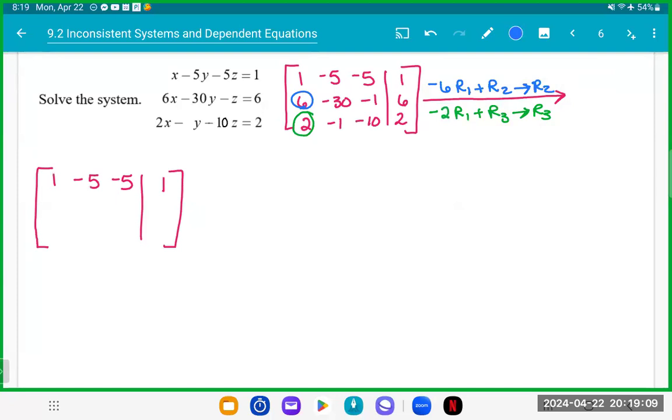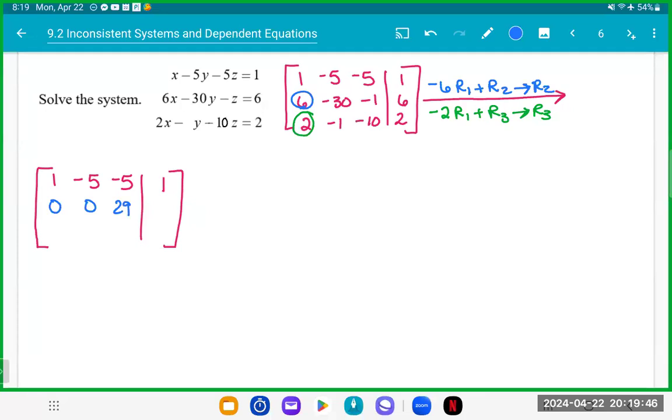So our second row then is -6 times 1 plus 6. That's a 0. -6 times -5 is 30, 30 plus -30 is a 0. And -6 times -5 is positive 30, minus 1 is 29.